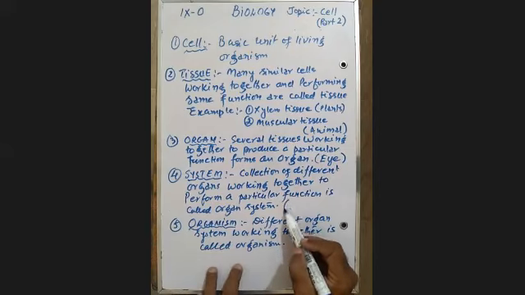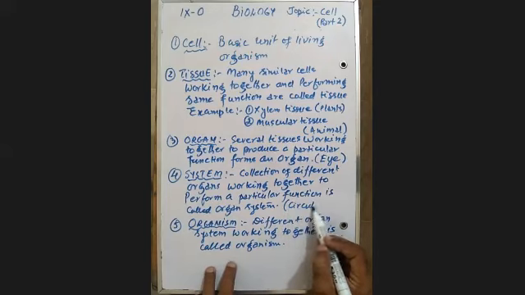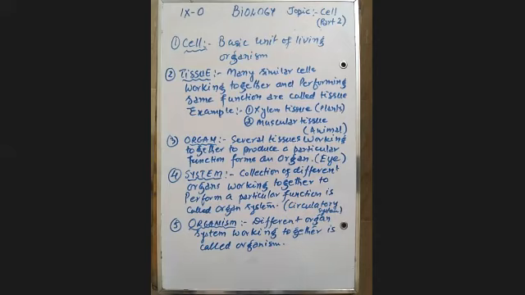For a system, you can say, example, circulatory system. Respiratory system, circulatory system, reproductive system, these are all systems. When all these systems work together, they form an organism.